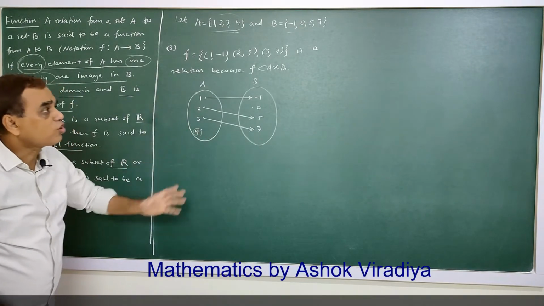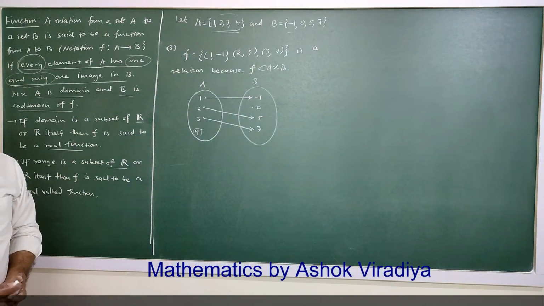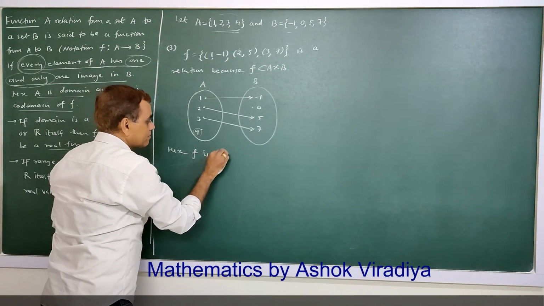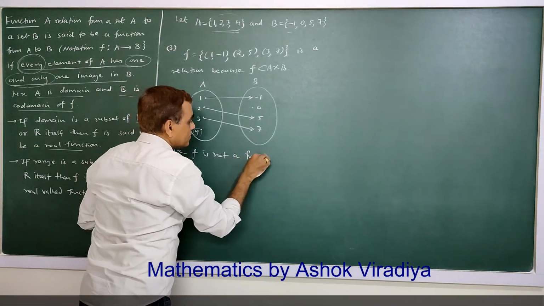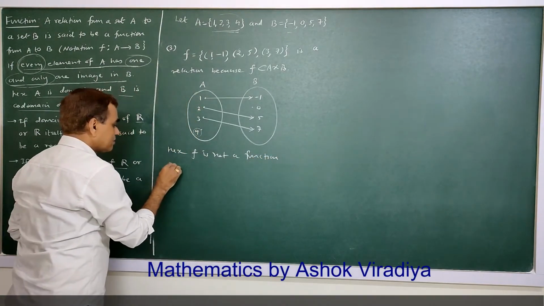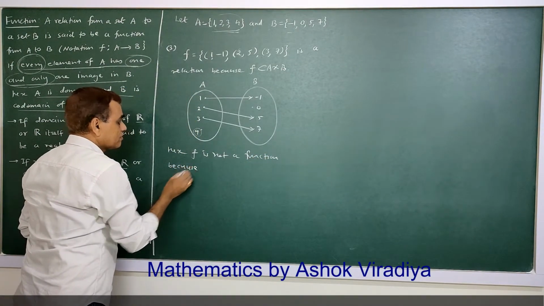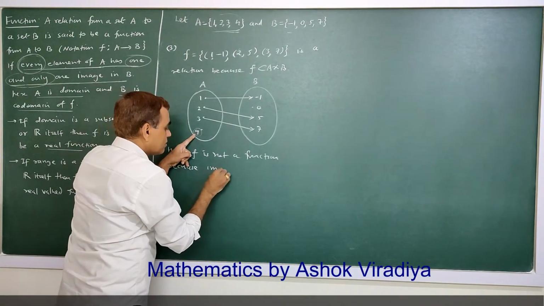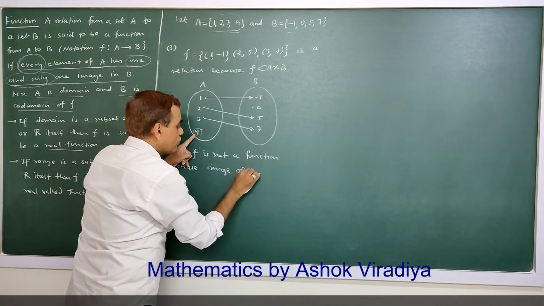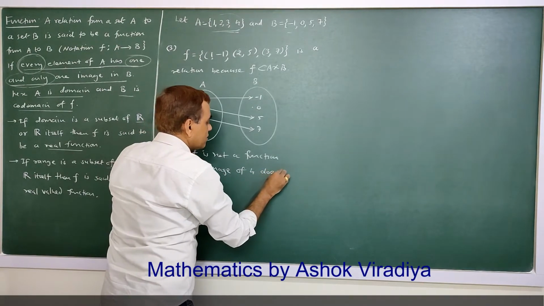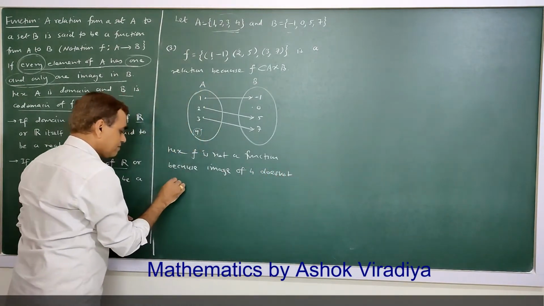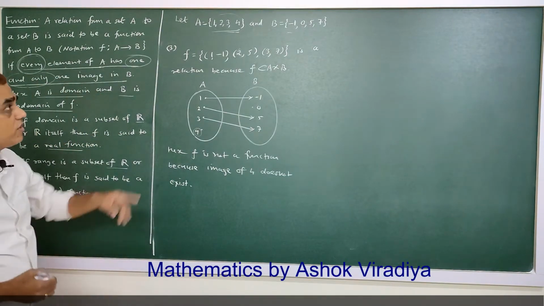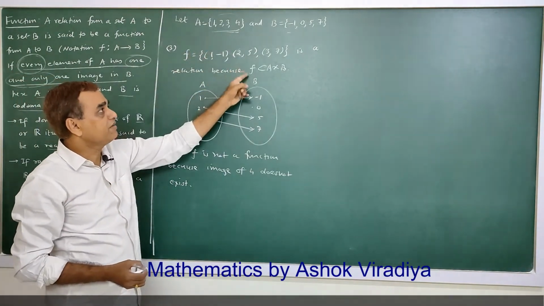So this is not a function. Here f is not a function because image of 4 does not exist, or 4 is missing in first place in the given relation.